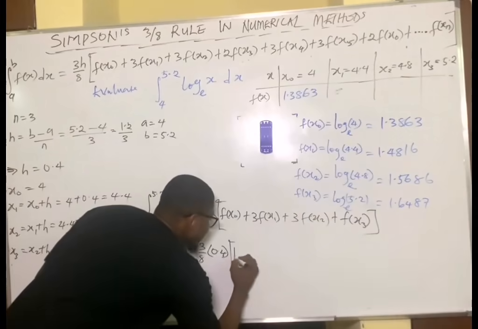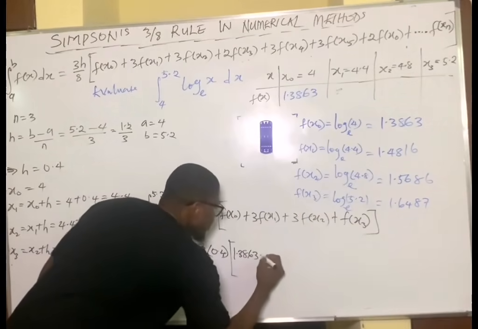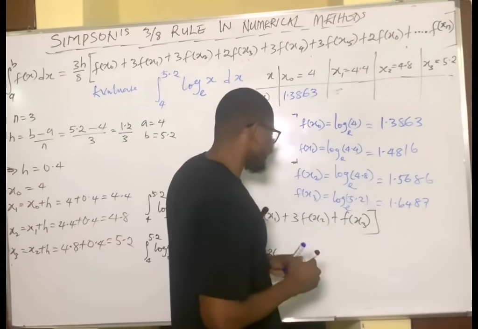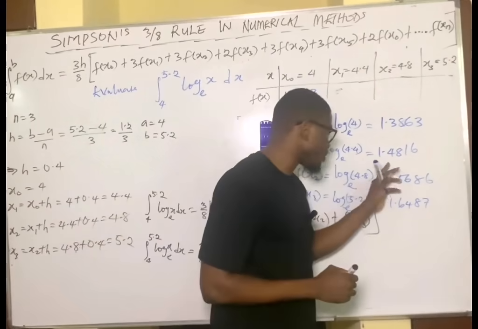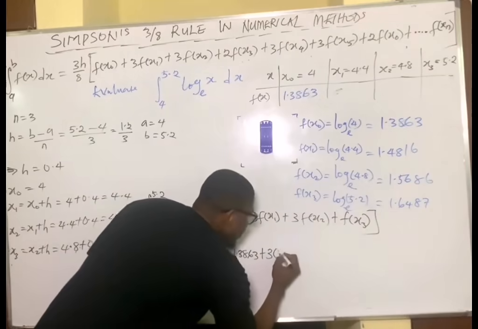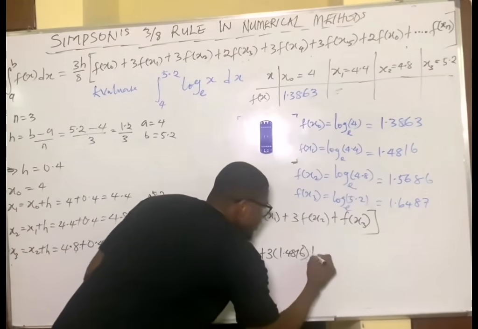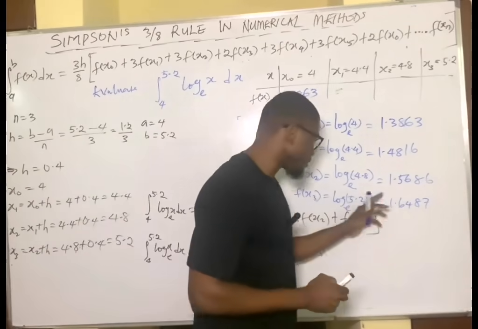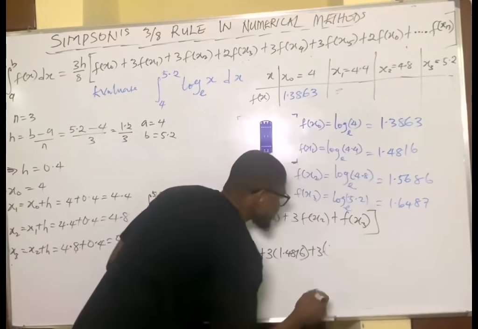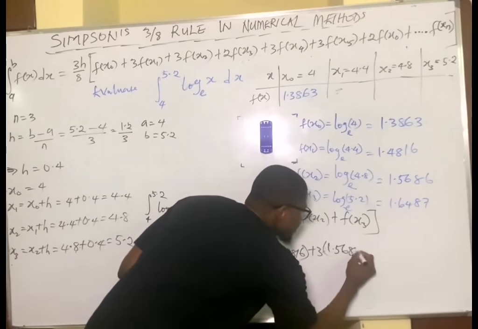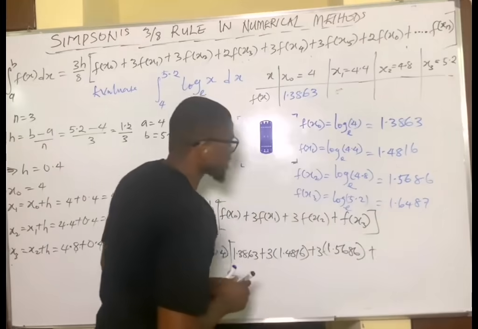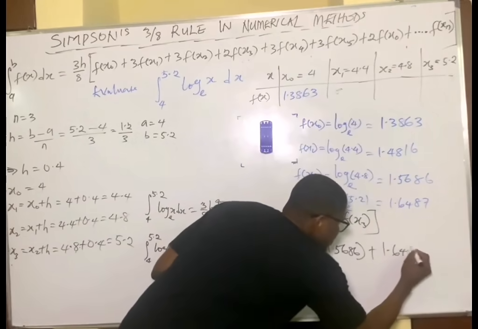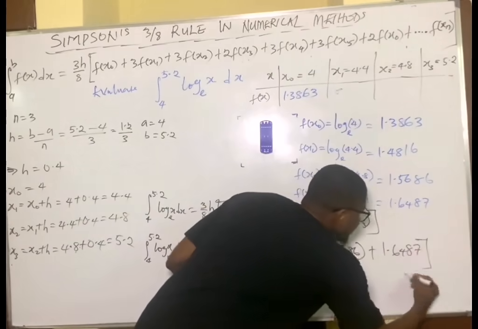So we have 1.3863 plus 3 f of x1, and f of x1 gave us 1.4816, plus 3 f of x2, and f of x2 gave us 1.5686, and finally plus f of x3, and f of x3 gave us 1.6487.